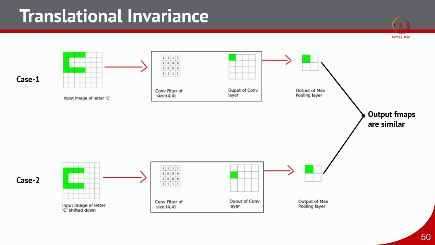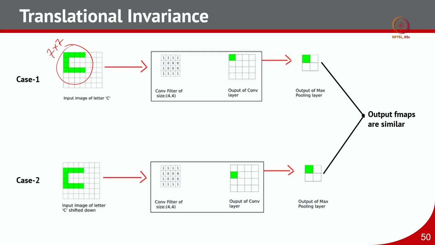This property is called translational invariance. As an example, let's say this is the first case, where the image is 1, 2, 3, 4... a 7 by 7 image, and we have a letter C. So this is the letter C in that 7 by 7 image. Let's say you need to develop a neural network which just recognizes this particular letter.